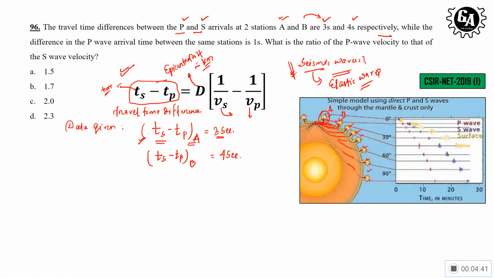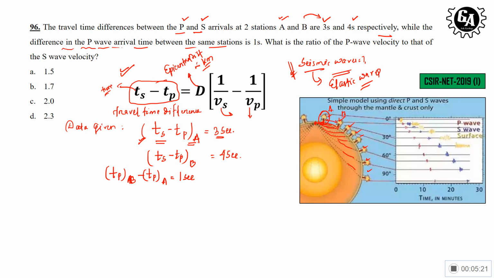Now here is another piece of information: while the difference in the P wave arrival time between the same stations is 1 second. So the travel time of P at B minus the travel time of P at A is equal to 1 second.